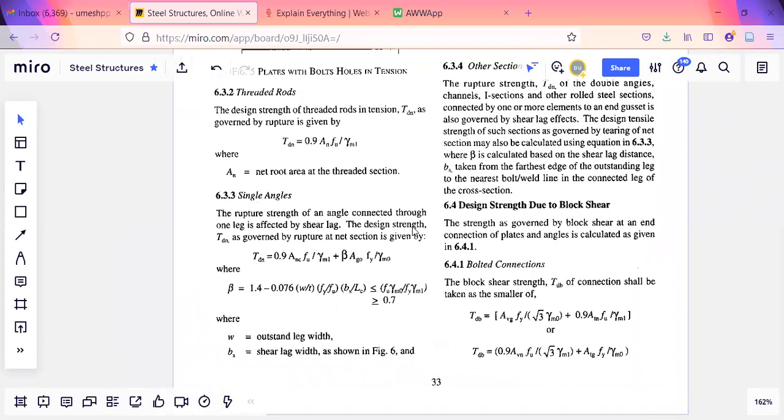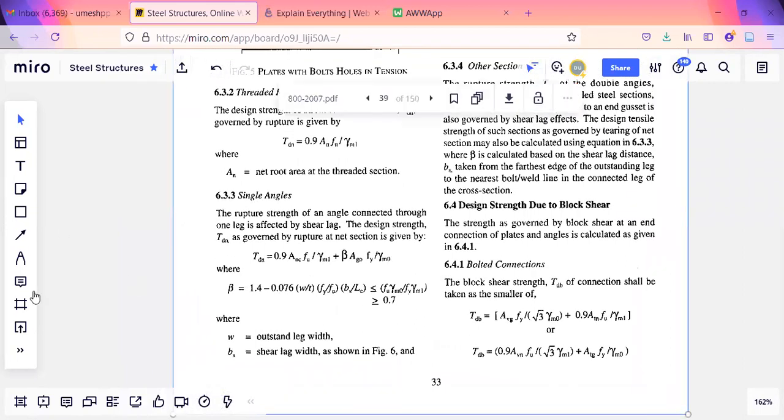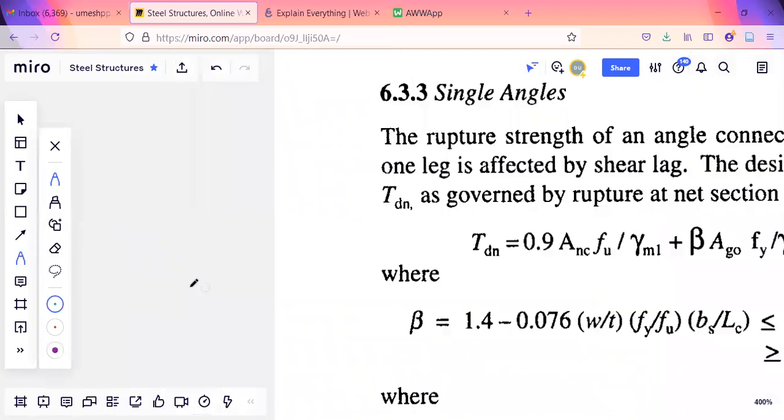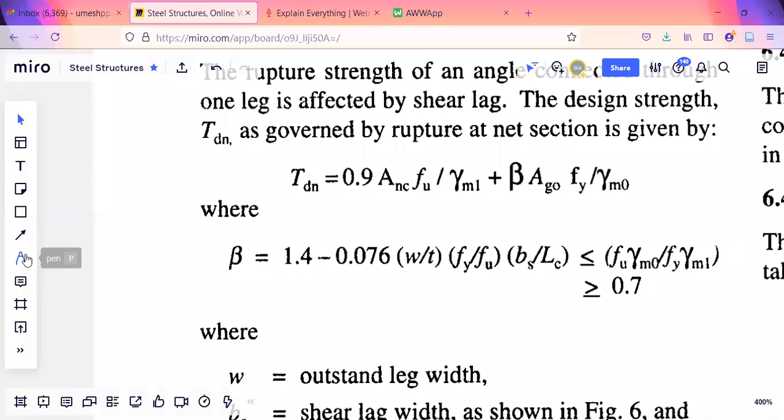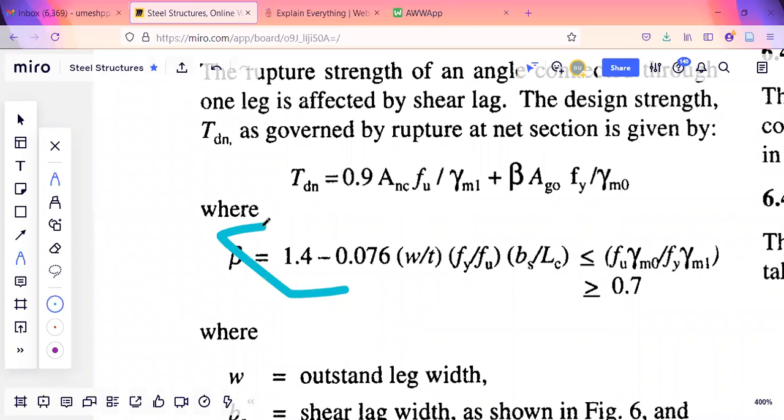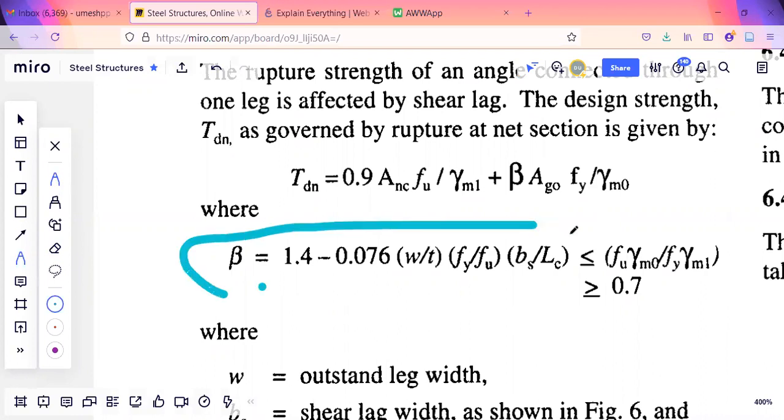This is page number 33, and the formula of beta is here. This formula I'm trying to show you here. This one I'm going to calculate as beta.